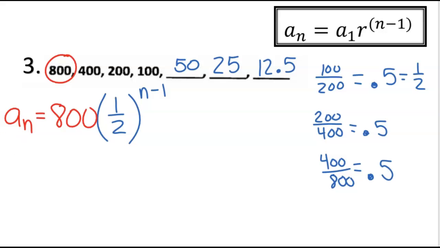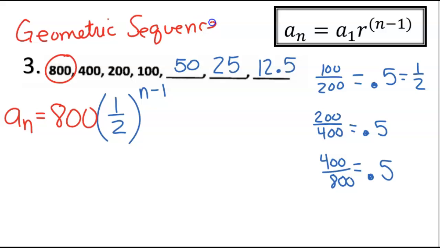This is my geometric sequence rule. This example is a geometric sequence. It's a geometric sequence if you multiply to get to the next number in the pattern.